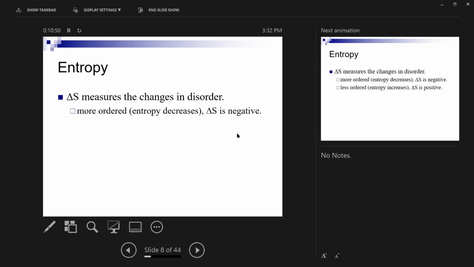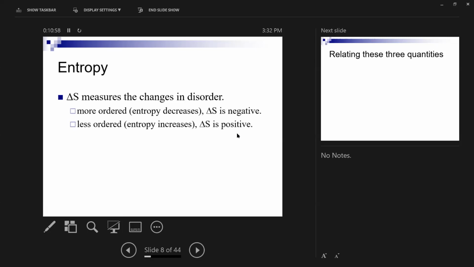If the system becomes more ordered, entropy is decreasing, then your delta S is negative. Becoming less ordered, entropy increases, delta S is positive. So think about this with me. If you're degrading things, you're making things less ordered, right? Your delta S in that case will be positive. If you're building things from precursors to bigger molecules, your delta S is going to be negative.